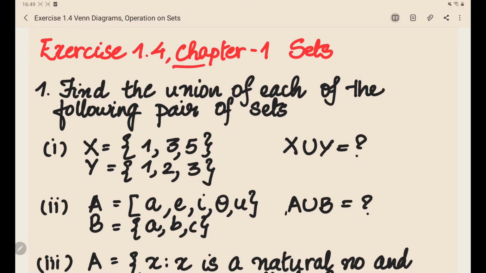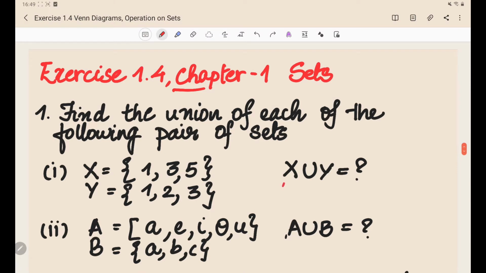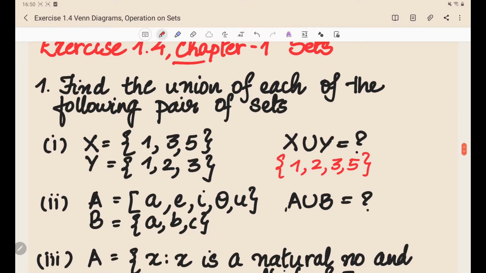For example, 3 is there in both the sets, so you don't have to write 3 twice. The order of elements is immaterial and you can arrange them anywhere you wish, but you don't have to repeat them. So what are the elements which belong to X or Y? 1 is there, 2 is there, 3 is there, and 5. So X union Y is 1, 2, 3, 5. That is the answer for this problem.